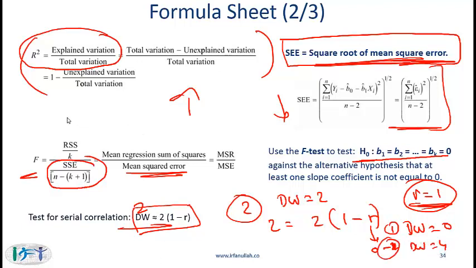So notice that Durbin-Watson is on a scale from 0 to 4. If Durbin-Watson is 2, that means we don't have serial correlation. If it is 0, we have very positive serial correlation. If it is 4, we have very significant negative correlation. So remember this formula and the facts that I have just given you.